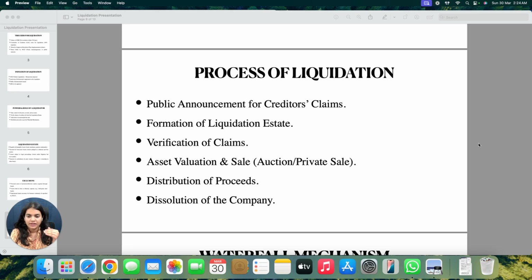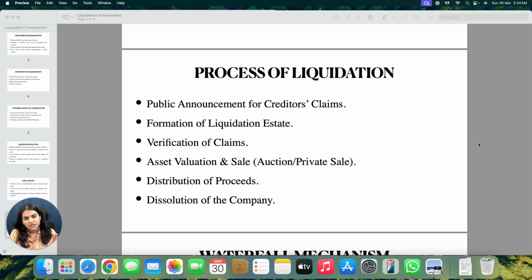So the liquidator may require any such documents that will support the claim of any stakeholder, and he can go a step further and take the support of any of the governmental agencies or departments to understand and verify the claims.